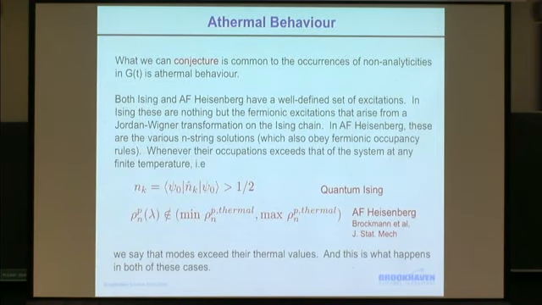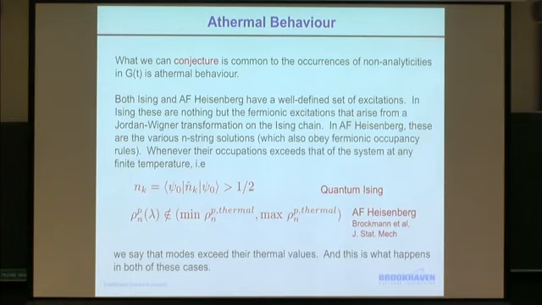That would seem to make the association of the non-analyticities with the crossing of the phase boundary problematic. But one property that seems to be common to both phenomena is a type of athermal behavior.